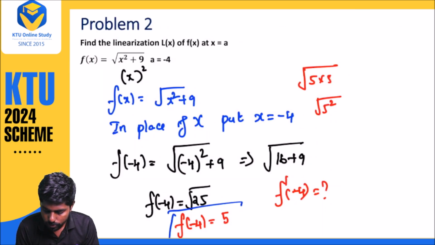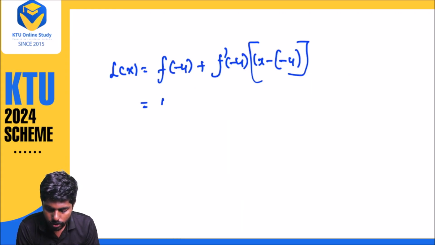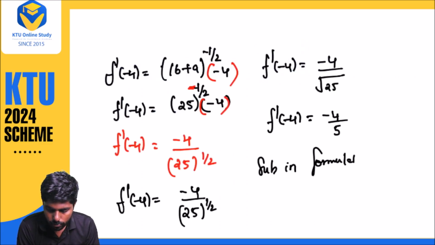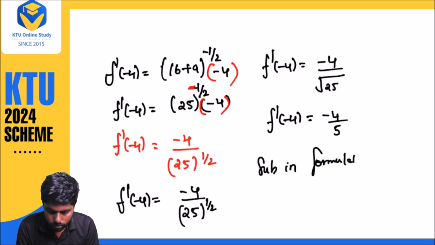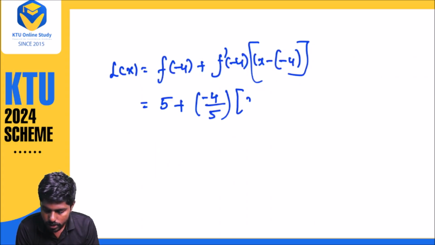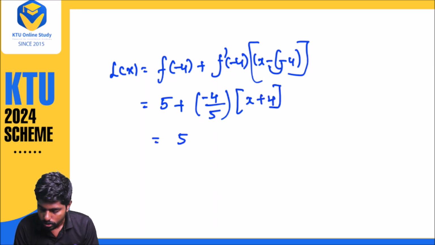So f of minus 4 is 5, plus f dash, that is minus 4 by 5, into x, minus into minus becomes plus 4. So our answer is 5 minus 4 by 5 into x plus 4.